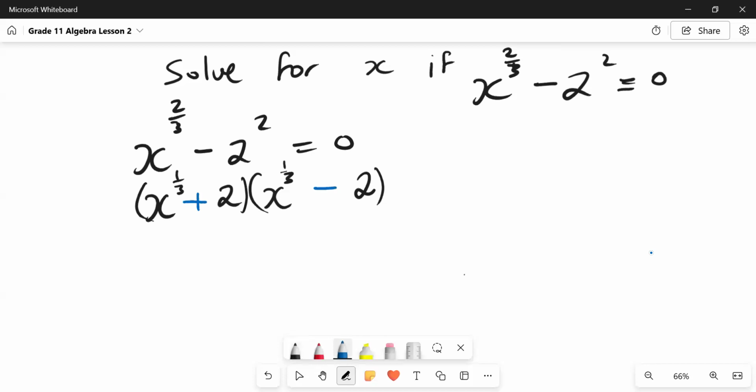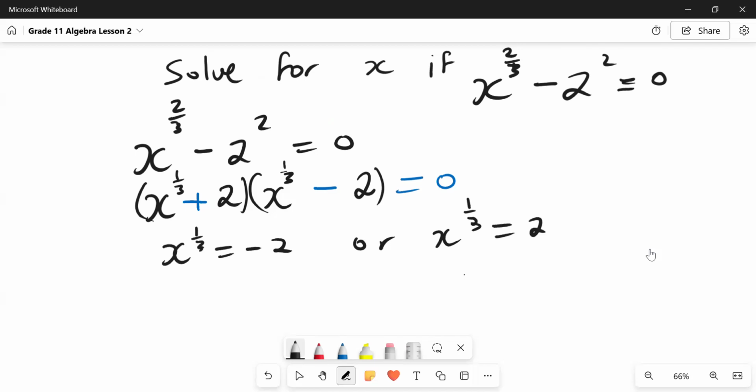Remember from grade 10, how do we go about factorizing the difference of two squares? And then from here, now you'll end up with x to the power 1 over 3 equals negative 2, or x to the power 1 over 3 equals 2.